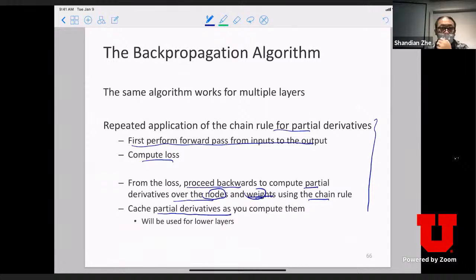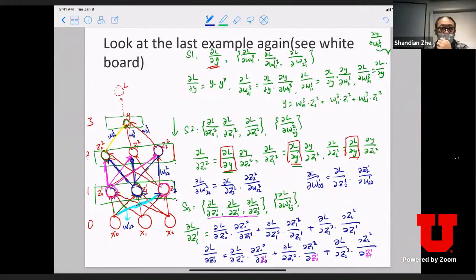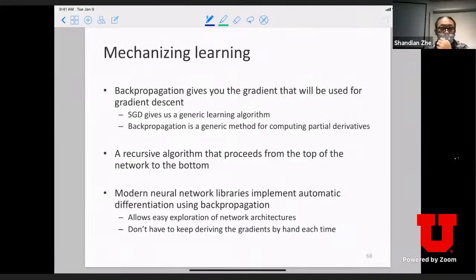And because this procedure is pretty mechanistic, it has already been implemented in modern neural network libraries, including PyTorch and TensorFlow.